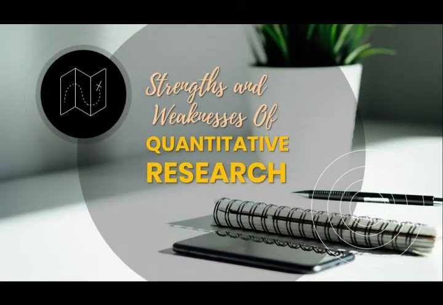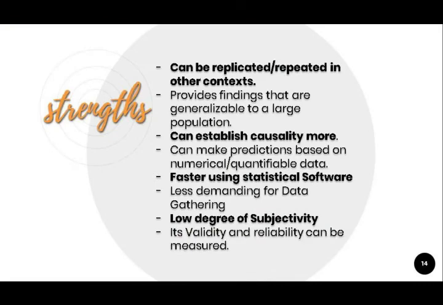All right. Now, what are the strengths and weaknesses of quantitative research? The strengths: we can replicate and repeat the research itself in other contexts. You can use other variables. You can change the independent and dependent variables.